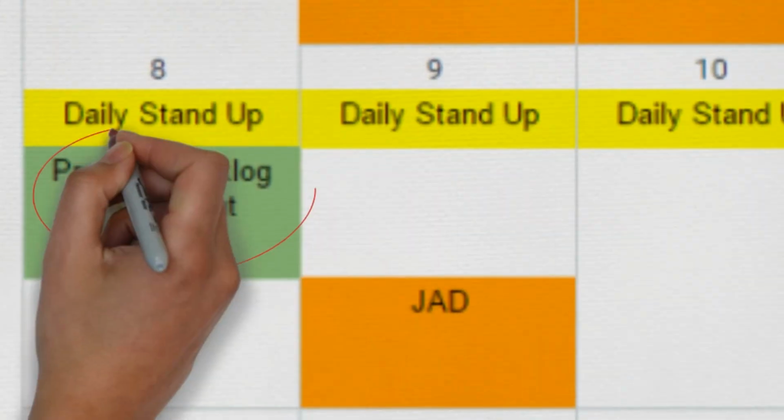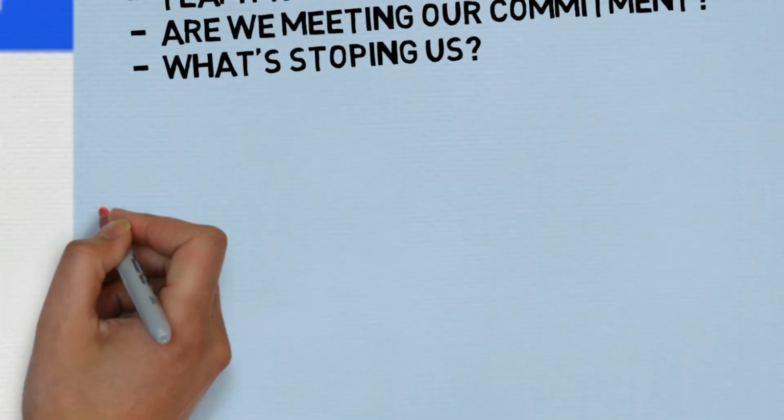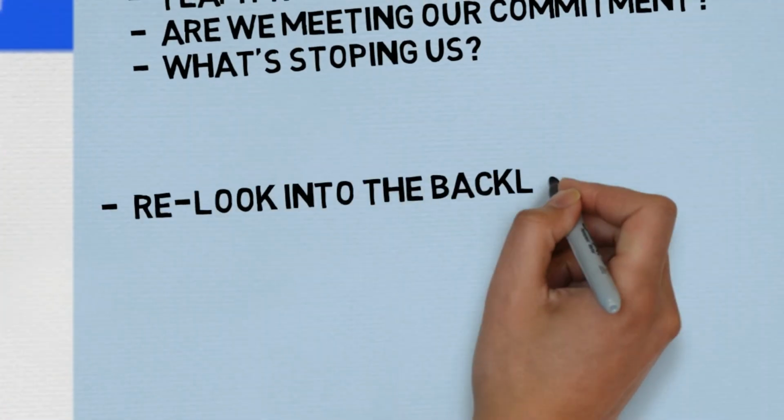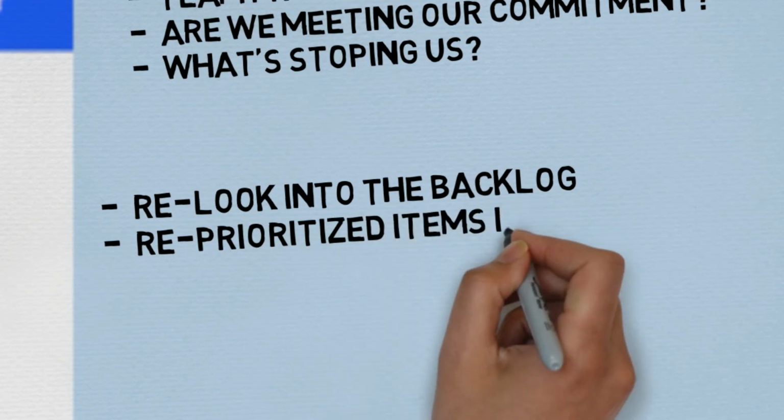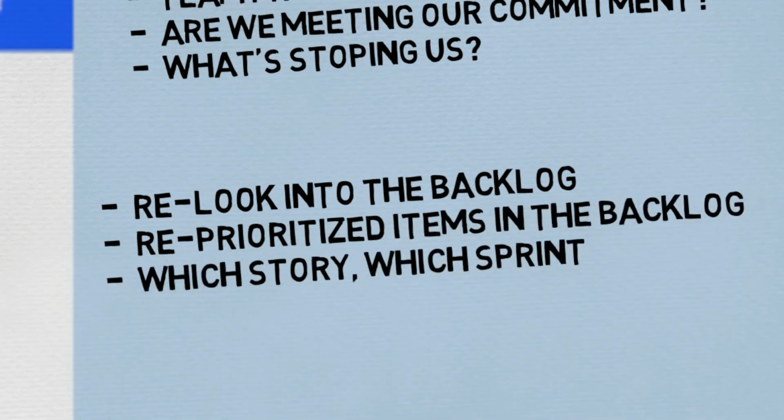Next one is product backlog refinement. We would relook into the features under development and will reprioritize user stories under it. Team jointly decides what user stories will be the part of which sprint in the product backlog refinement section.